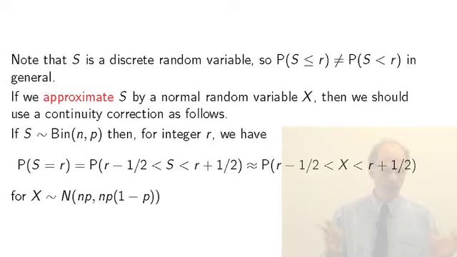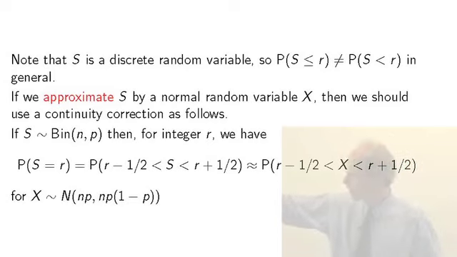And then that's approximately equal to the probability that the random variable x, which is normally distributed, lies in that same range, where the mean np and the variance np times 1 minus p are the same as the mean and the variance for S.